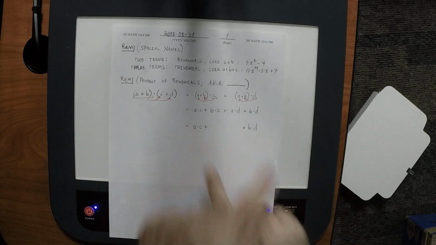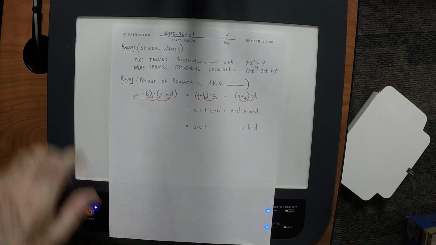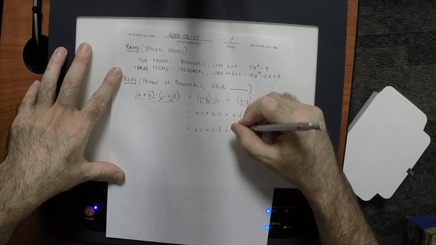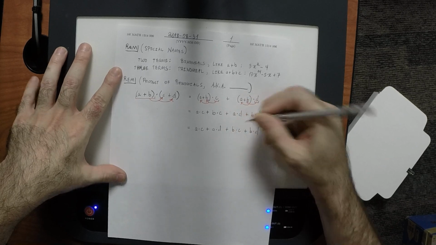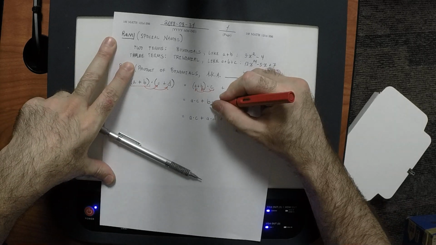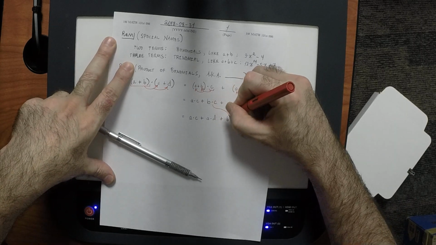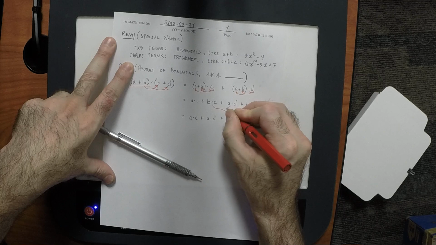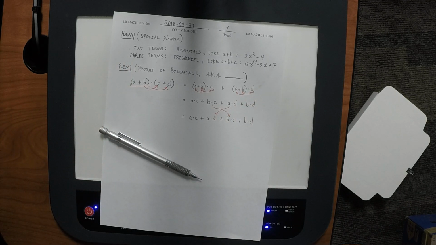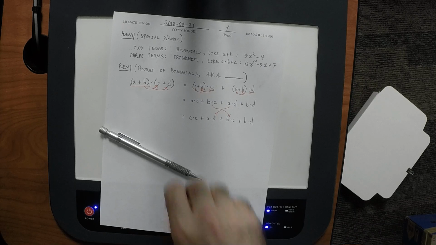But as for the middle 2, I'm going to switch their positions. To be clear, what I did is I took this one and moved it over there, and this one there. And that's permitted because addition commutes.